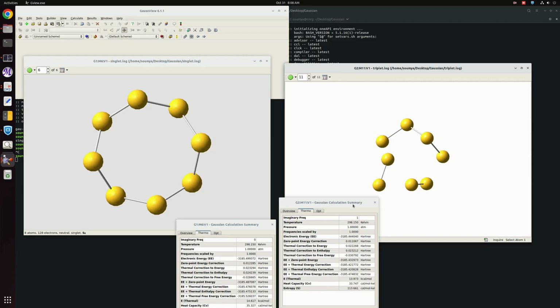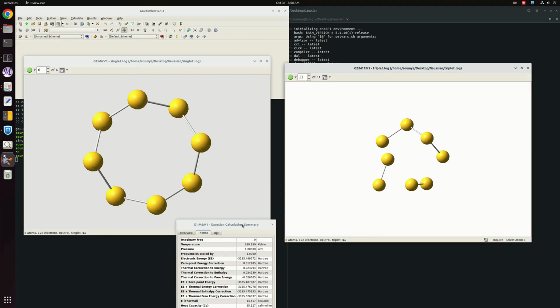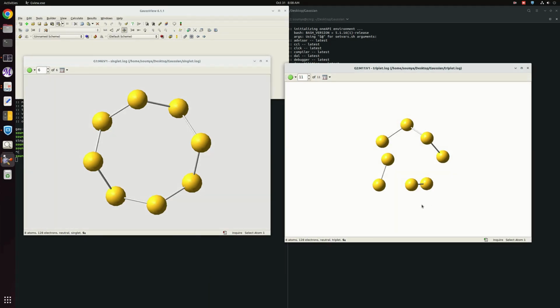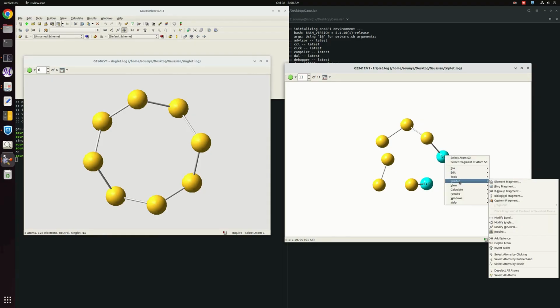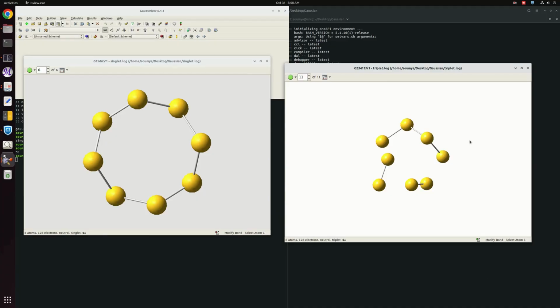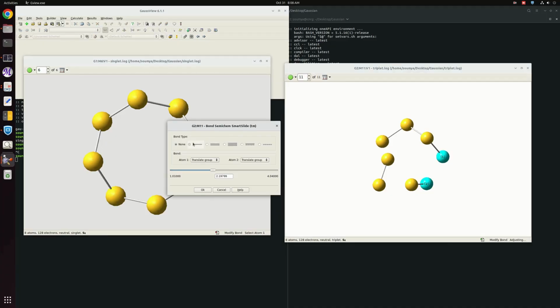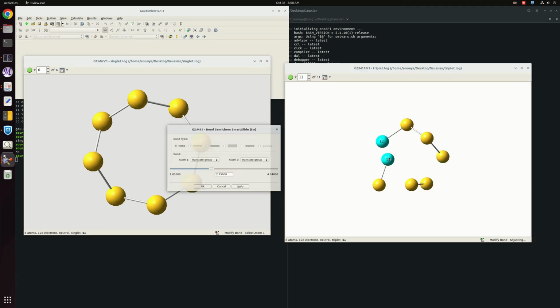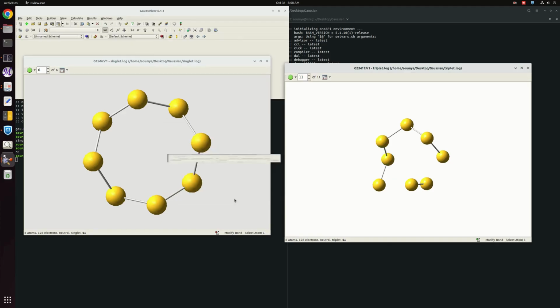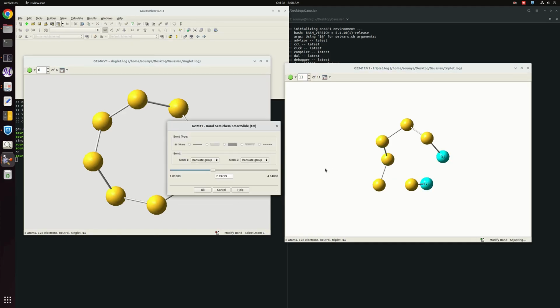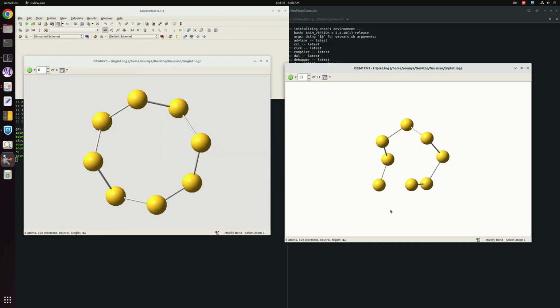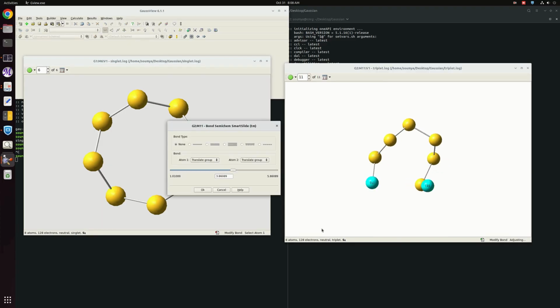If you want, we can also modify these bonds. We can simply click, go to Builder, and there is a Modify Bond option. Here you can add bonds between whatever atoms you want. Now you see that we have added some bonds, but this and this atom are too far.